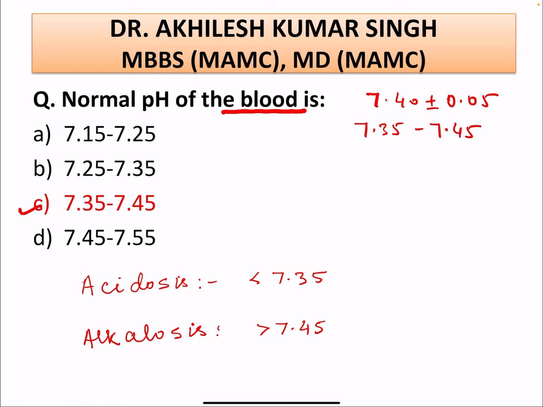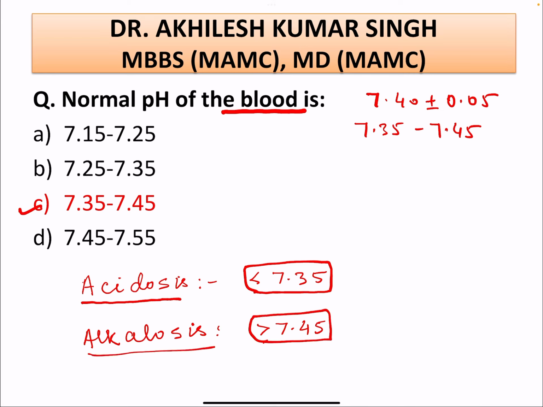And also you have to remember two terms here. One term is called acidosis. If the pH of the blood is less than 7.35, it is called acidosis, and if the pH of the blood is more than 7.45, it is called alkalosis. So remember these two words, acidosis and alkalosis.